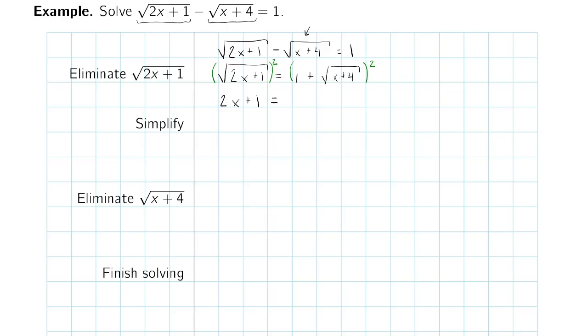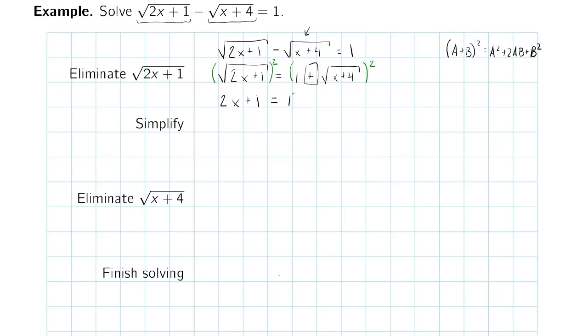On the right, I'm squaring something with two terms. So remember our perfect square binomials. A plus b squared, that's a squared plus 2ab plus b squared.